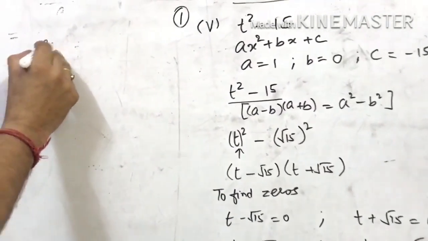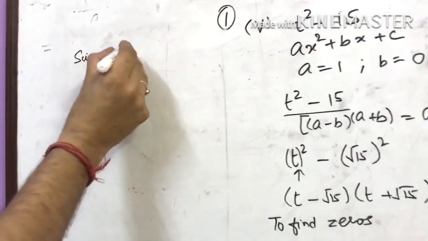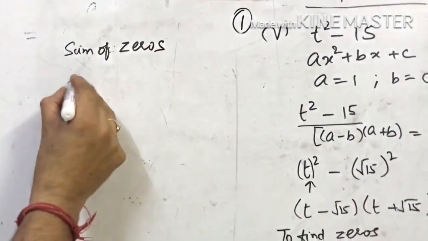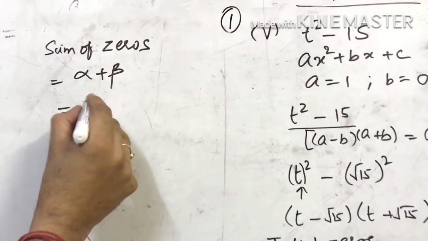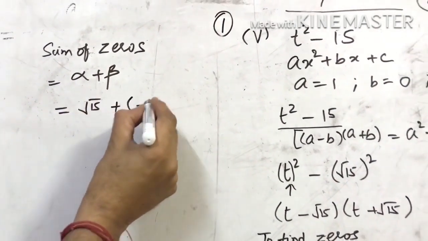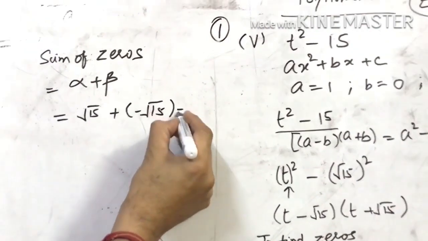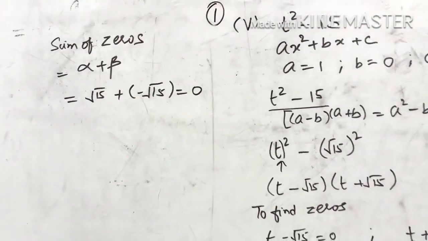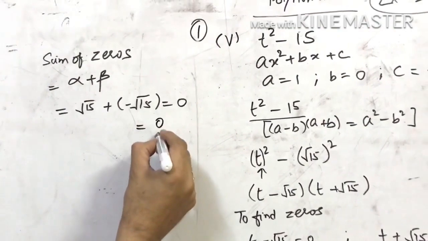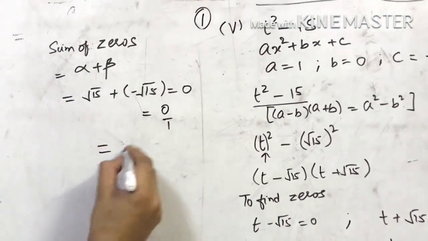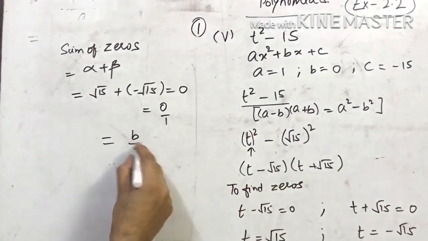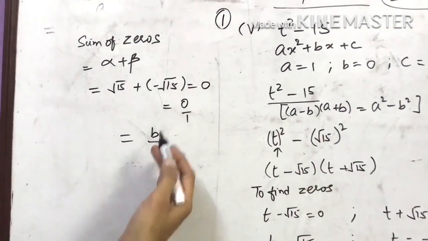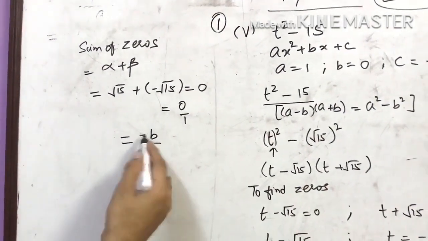So sum of zeros, that is alpha plus beta. Your alpha is plus root 15, beta is minus root 15, so you will get 0. You can also write it as 0 by 1. 0 is what? b. You can see here b is 0. And because it is 0, you can write down minus b also.